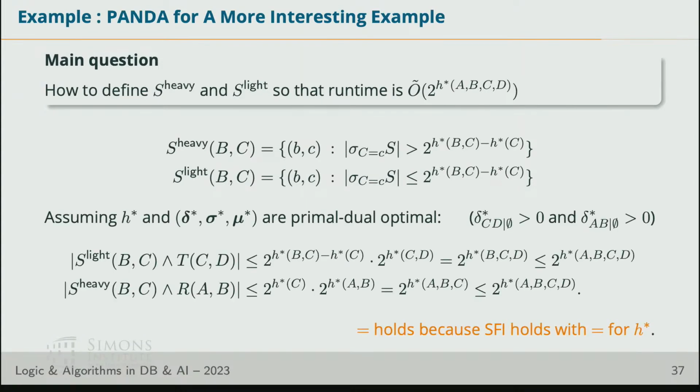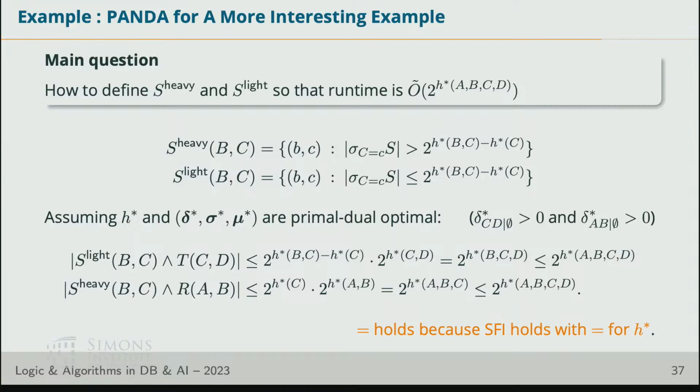And it turns out that if that's the case, and you can kind of chase through the proof, you show that the size of the intermediate relations, S light joined with T, or S heavy joined with R, are going to be bounded by, in this case, H star of BCD, and this is H star of ABC. Under some assumption. So you have to start with the primal optimal solution and the dual optimal solution.